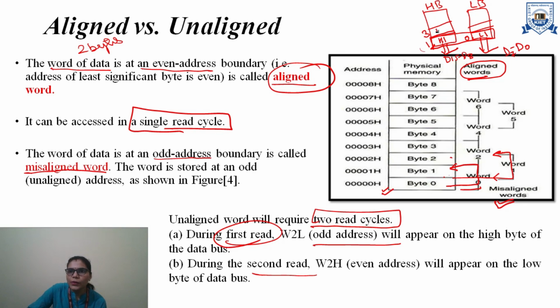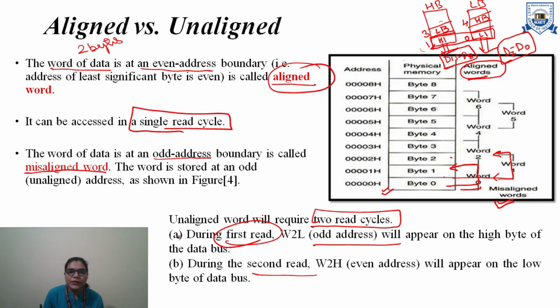So its lower byte will be at address 3 and the higher byte will be at address 4. First the data from the higher bank will be placed on the higher data bus, and then the higher byte of data will be placed on the lower bus. So it will require 2 read cycles to access this word.